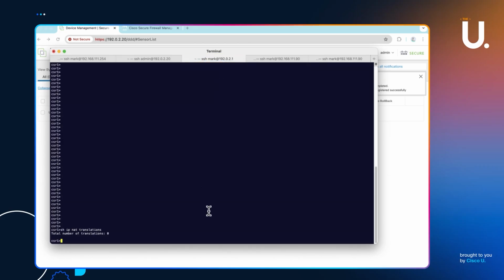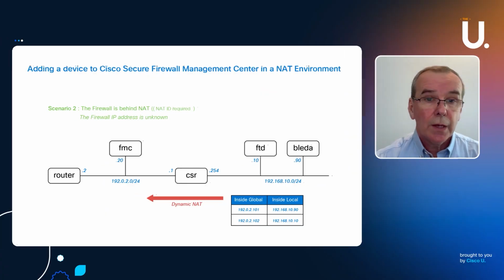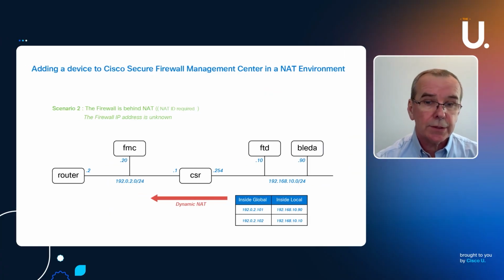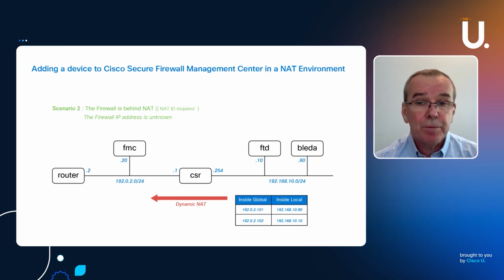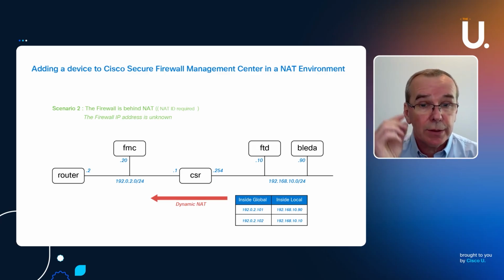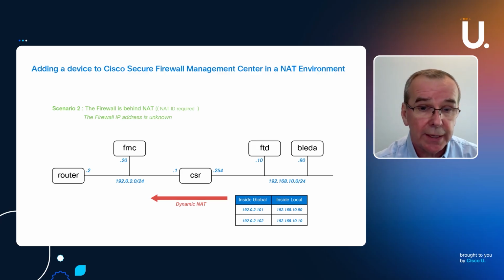So let me just go and apply the necessary changes here. Okay, so that's what we saw in scenario 1, the registration process where NAT is not enabled. But what if we enable NAT so that the firewall is behind NAT?